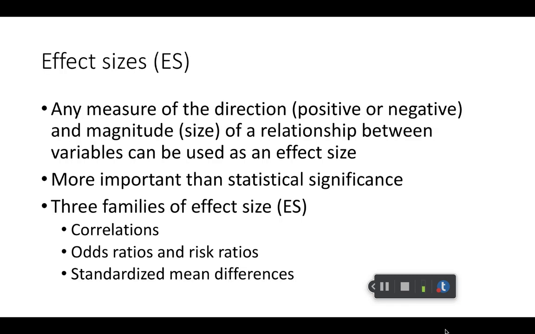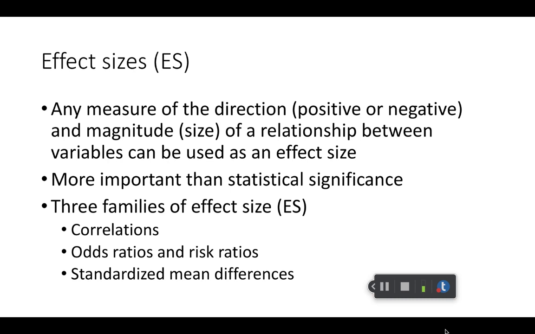So these are all effect sizes, these measures that we've been talking about. And an effect size is any measure of the direction, that is the positive or negative direction, and magnitude, size, of a relationship between variables. The effect size is more important in terms of interpretation than statistical significance.